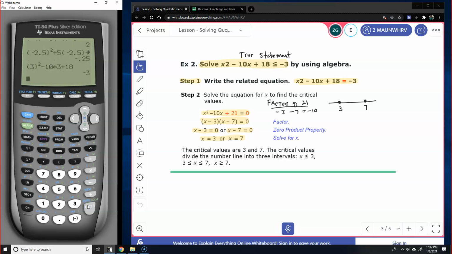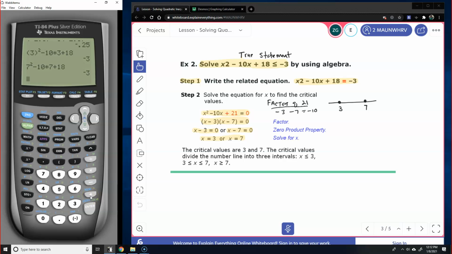And what do we get? Yeah, negative 3 does equal negative 3, so that's a true statement. Now we check 7. So we have 7 squared minus 10 times 7 plus 18. And that's also negative 3, so that makes it a true statement.